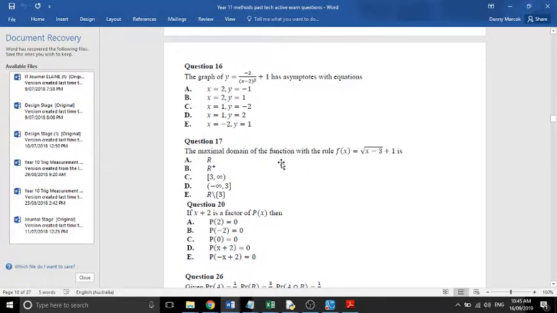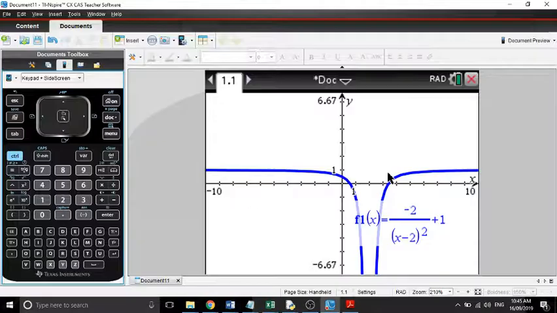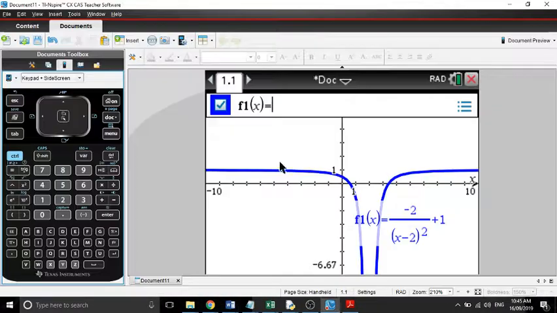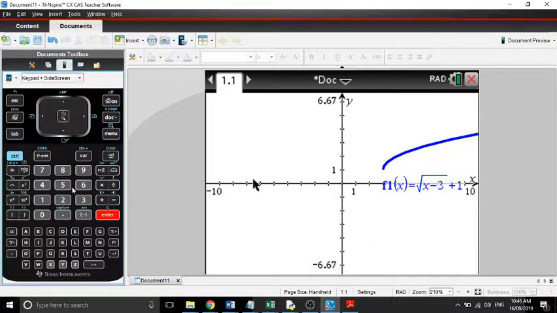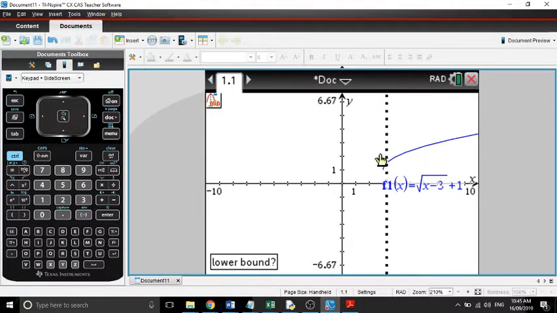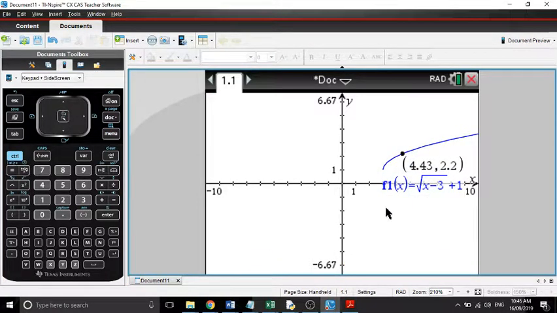Next one, maximal domain for this function here. So we'll sketch that, delete this, and we'll say we're looking for the square root of x minus 3 plus 1. Let's go on there. We have an endpoint here. Analyze graph, a minimum happens at, not there, that's the maximum.